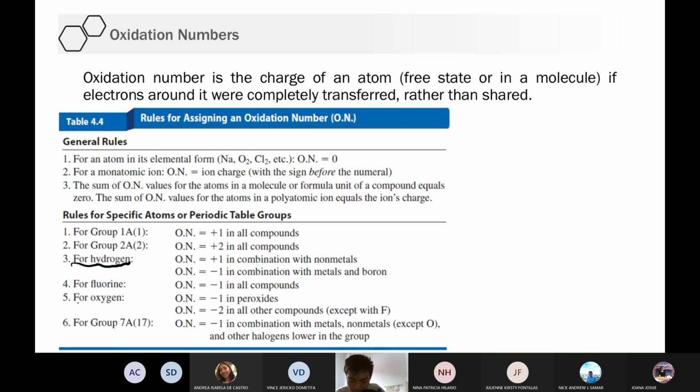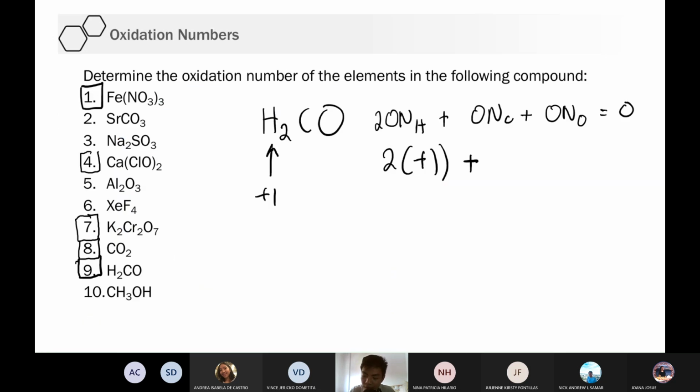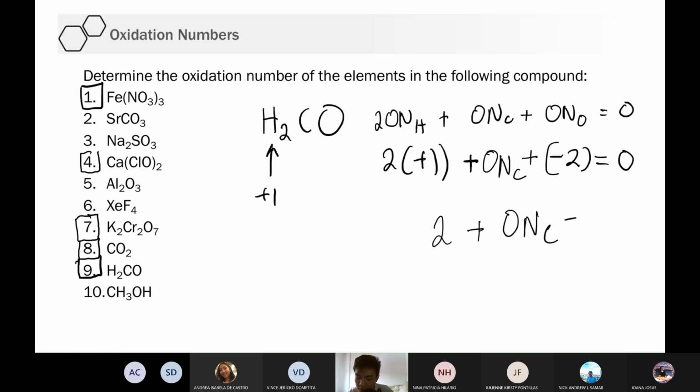Oxygen. Wala tayong peroxide, kasi wala naman tayong O double bond O. So that means -2. Ibig sabihin, yung carbon yung missing. To solve for carbon, that is just simply 2 plus ONC minus 2.